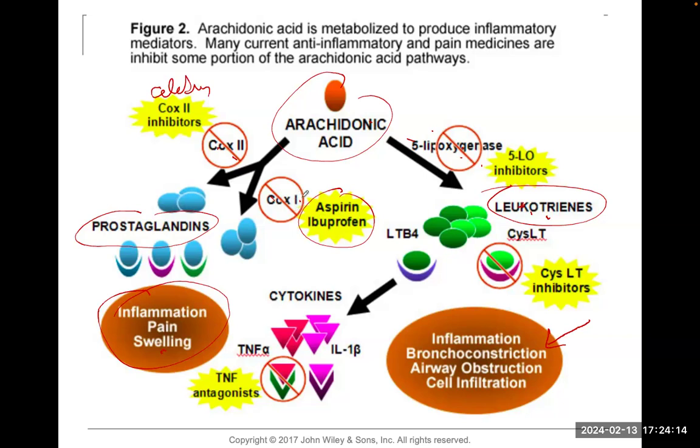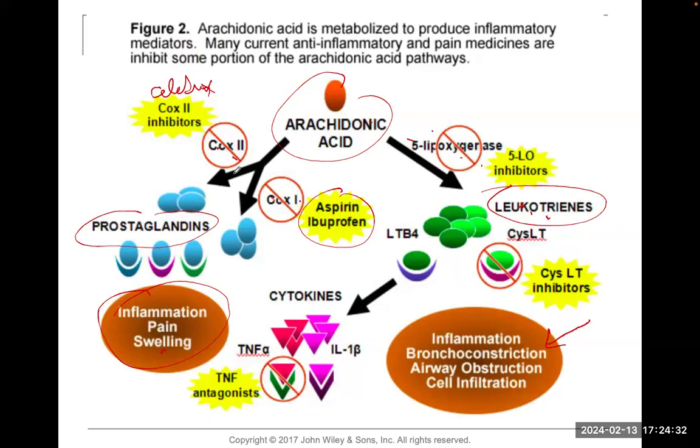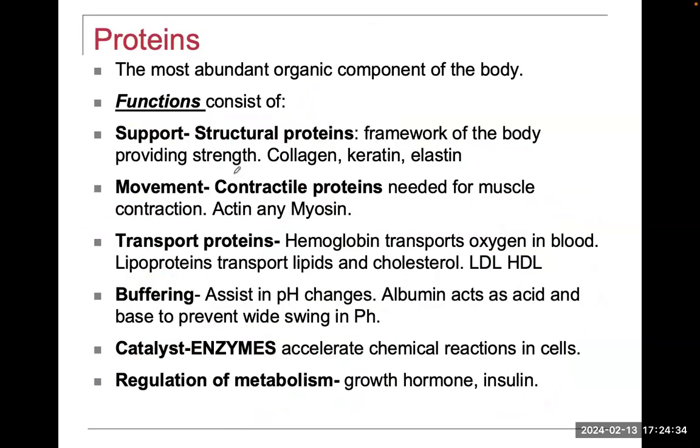Aspirin and ibuprofen are COX-1 inhibitors. Some of these can create damage to the lining of blood vessels and cause strokes. So they have to be very, very careful with certain medications. Okay. So these were the eicosanoids, very important. When we come back, we'll get into proteins.